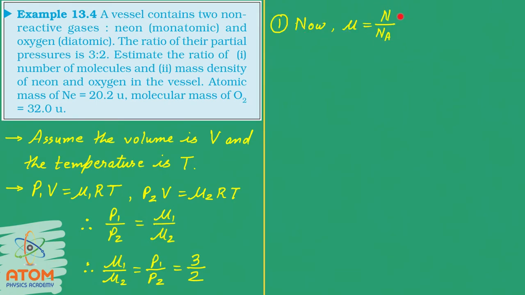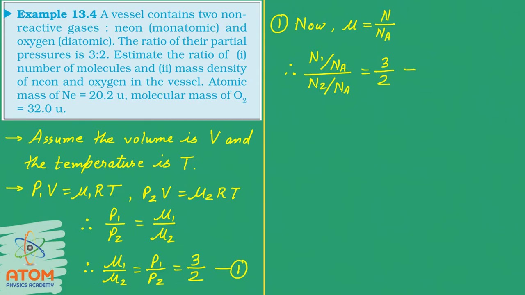Now mu is equal to n upon Na. So the previous equation, let me call it equation 1, that is mu1 upon mu2, can be written this way: n1 upon Na, that is for mu1, upon n2 upon Na, that is for mu2, is equal to 3 by 2.